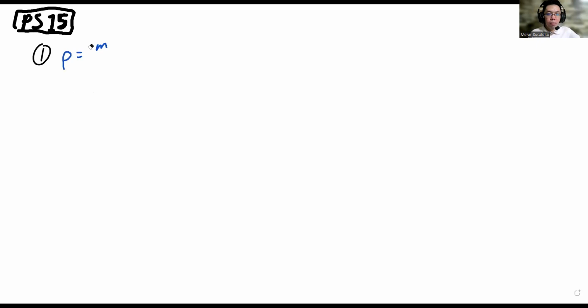Yung tamang pagsulat ng rho. Mukha po siyang P kasi eh. Dapat parang P pero rounded.